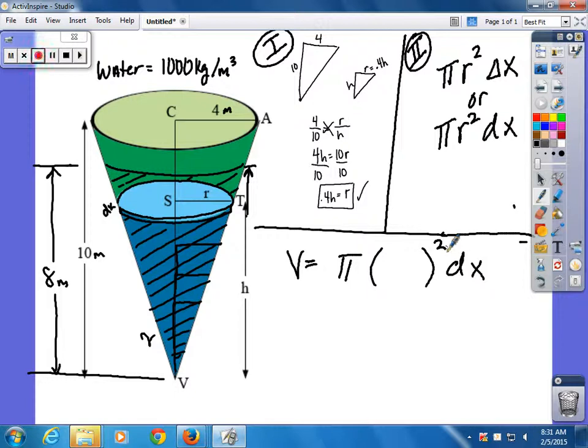In other words, you got to change this into 10 minus h. You can change this to y if you want to. 10 minus y, whatever. All right? So the h right there is going to be 0.4. Pi r squared is going to be 0.4 parentheses, 10 minus h. All right, clean that up.